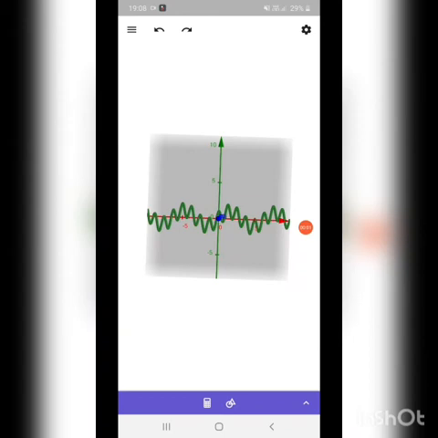The graph is a bit complex to draw on paper, so I'm showing it in this app. See, you can observe this. This is the sin t plus cos 5t graph. Its period is 2 pi. You can observe it ranges from minus 1 to plus 1, something around that. It is something like 6.28, which is 2 pi.